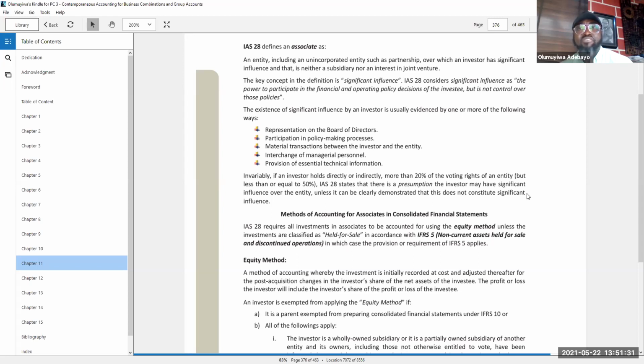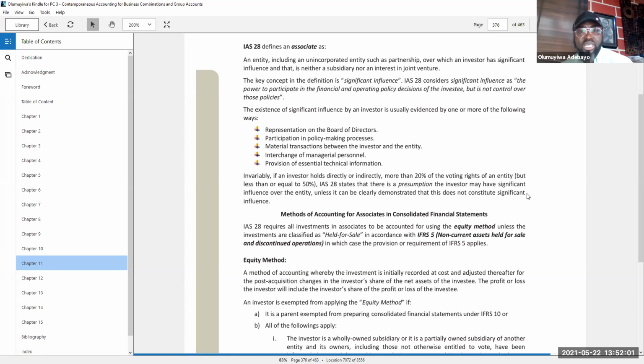Okay, therefore, what is a significant influence? A significant influence in this light is the power the investor has over the investee with respect to participating in the investee's operating and financial policies.